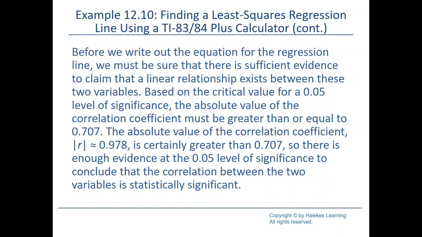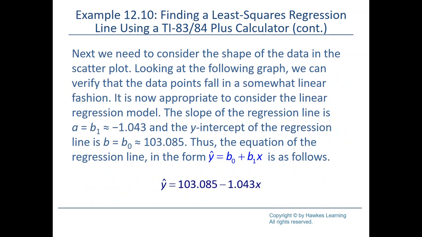Now, with that being said, because we've already said that they're statistically significant, we'll need to consider the shape of the data in the scatter plot itself. Looking at the following graph, we can verify that the data does fall into a somewhat linear fashion, as well as the regression model that we just spit back out.